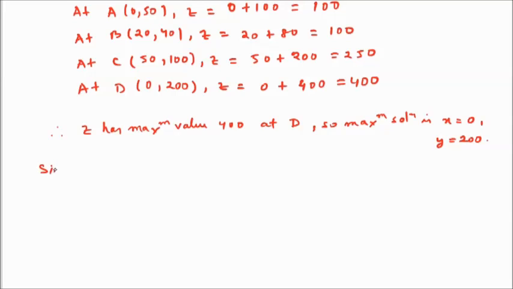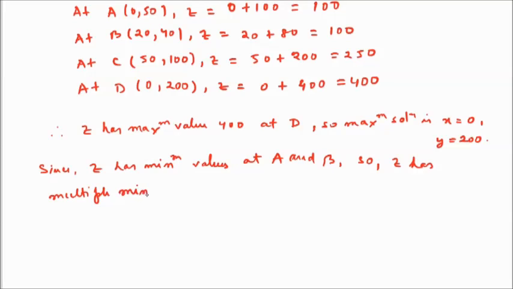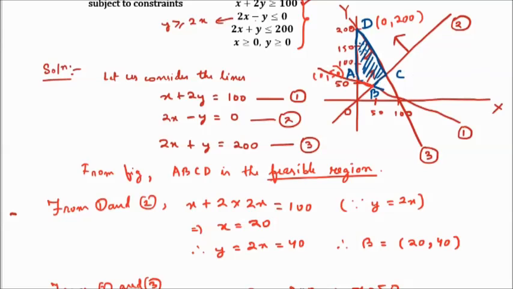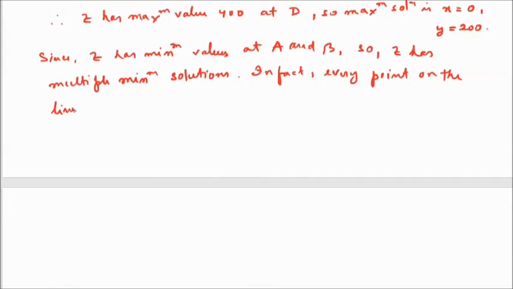Again, now since Z has minimum values at A and B, we can say that Z has multiple minimum solutions, or you can say, in fact, that every point on the line segment AB gives the minimum solution.